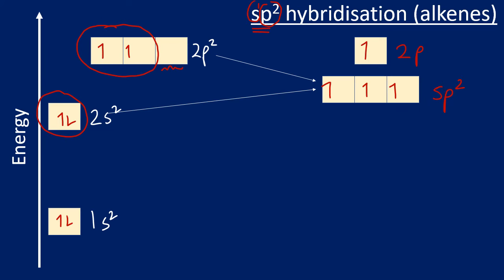So in this situation, we have 3 hybridized orbitals that can form sigma bonds in a very similar way to what we saw with sp3. So very, very similar shapes. They can overlap directly between the 2 nuclei to form a sigma bond. So these sp2 hybridized orbitals will form sigma bonds.